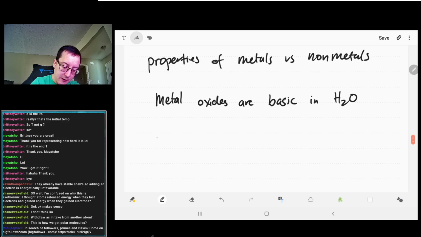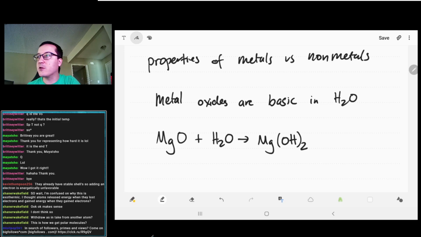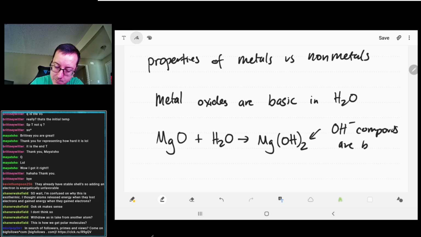So if we take, for example, magnesium oxide, if we put this in water, we would technically get magnesium hydroxide, which is a base. Remember, OH compounds are bases.